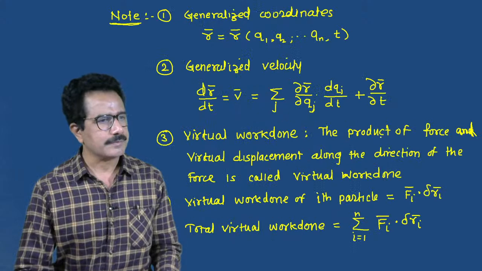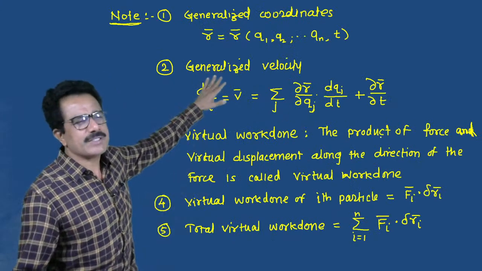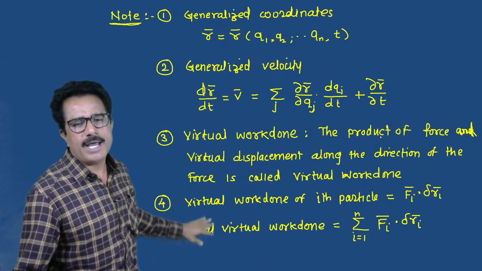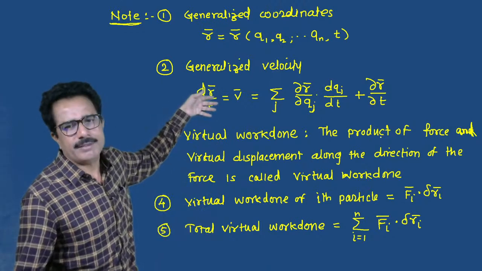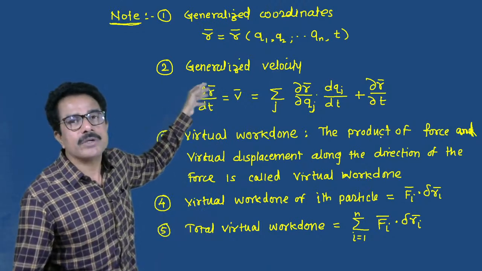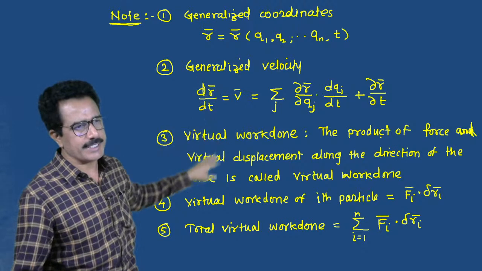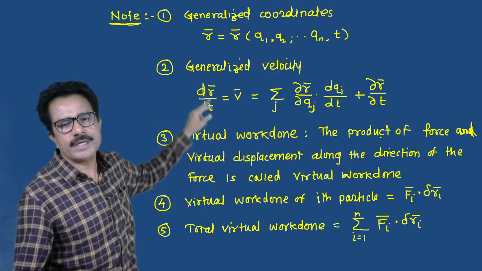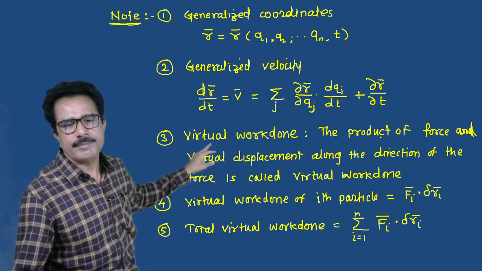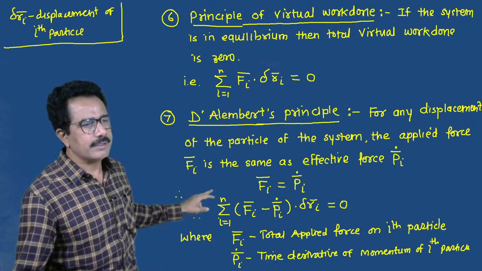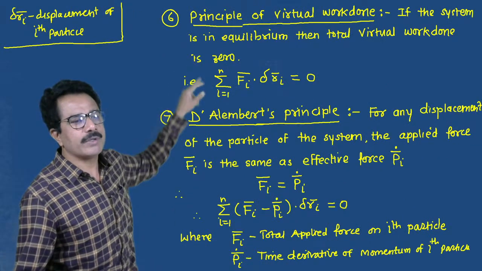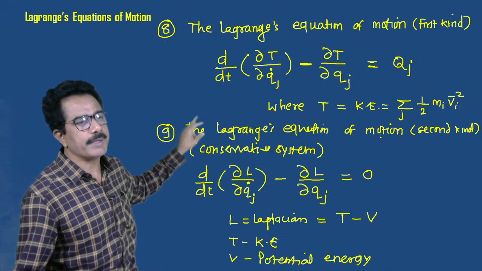Now these are the relations you must already know. I shall revise this basic part every day because you must know all these things. That is generalized coordinate, generalized velocity, virtual work done, that is principle of virtual work done, D'Alembert's principle.